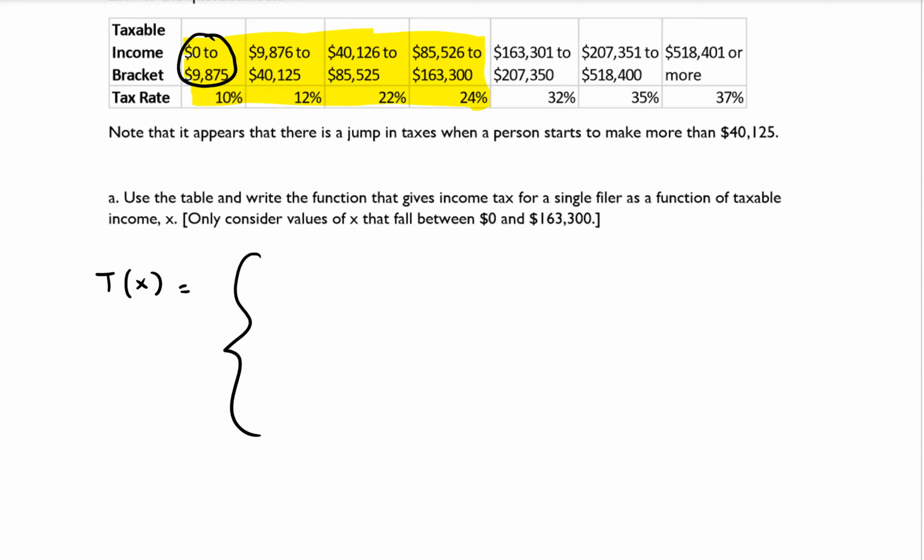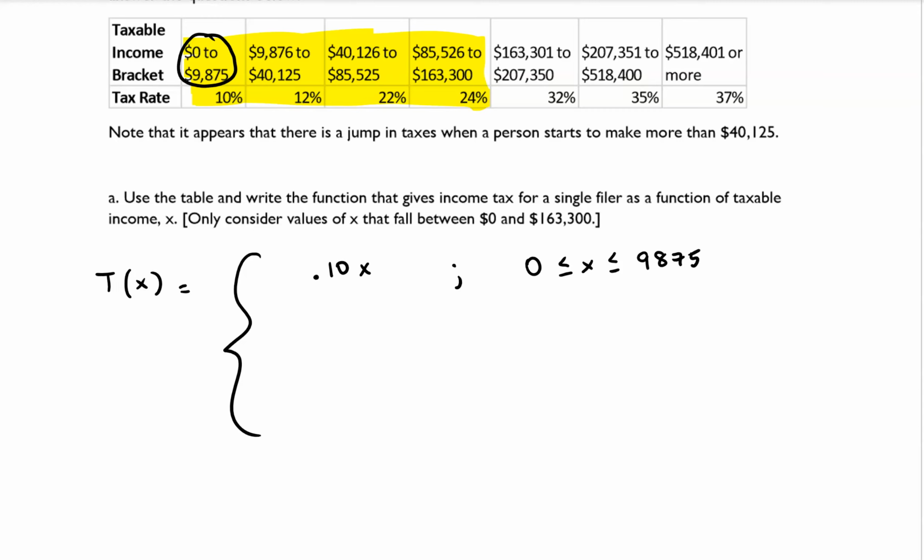And in that first interval, the way that we're calculating the tax that we're required to pay is we're taking 10% of whatever our taxable income is. And that is taking place on the interval from, if you're making anywhere between $0 and $9,875. So that is how we would calculate our first subfunction.